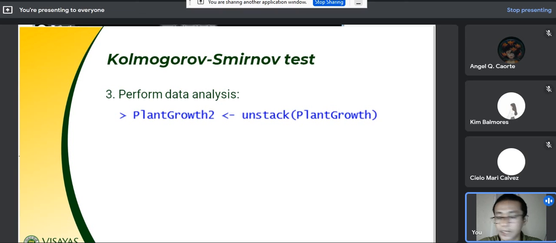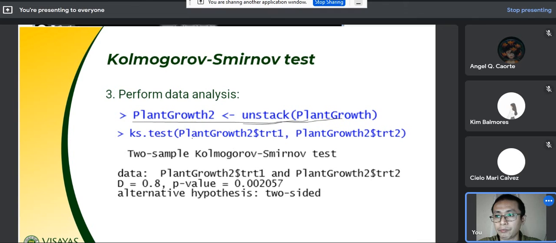Okay, so here's the process, class. For plant growth, we need to unstack our data because again, we cannot just use the stack form of the plant growth dataset. So after unstacking, class, we now have these two variables, plant growth 2, the name of our dataset, and then it has two groups, treatment 1 and then treatment number 2.